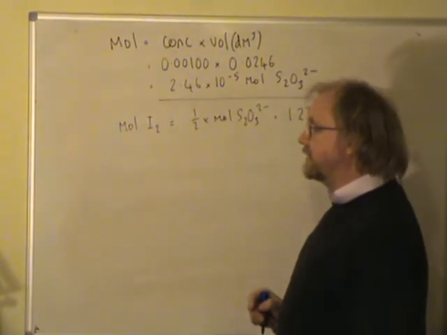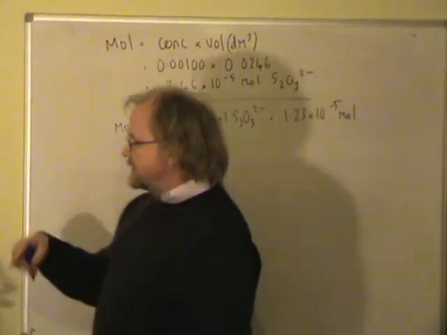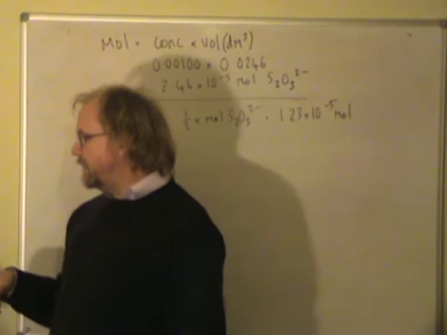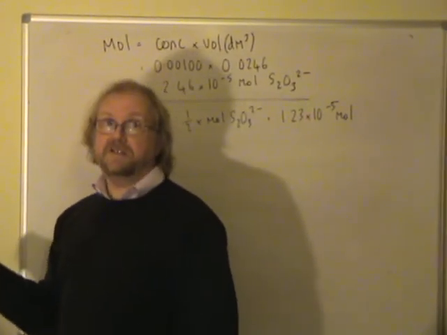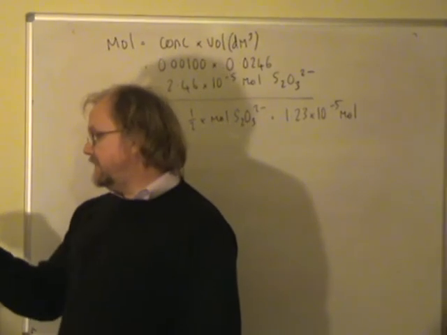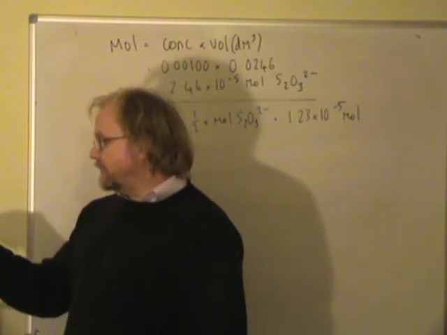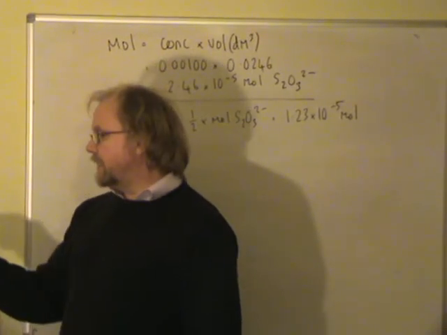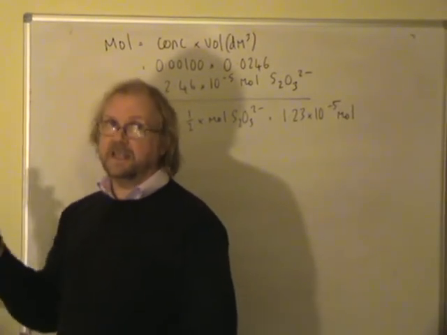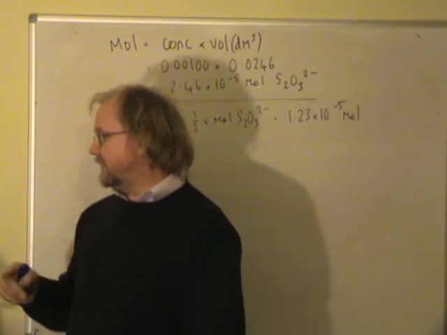Now we can work back to the next stage, because if you look at the reaction above, we can relate moles of iodine to moles of MnOH3. And you can see that this time we have to double the moles of iodine to get the moles of MnOH3. We're not worrying about the moles of I- because that was in excess. It told us that.